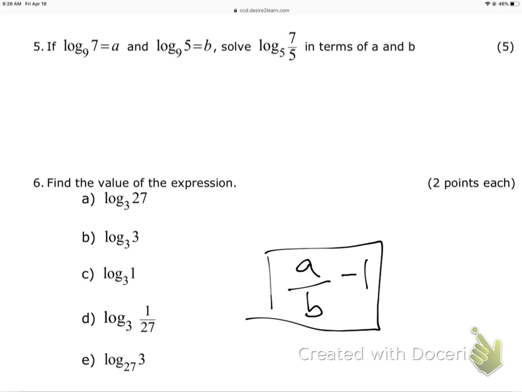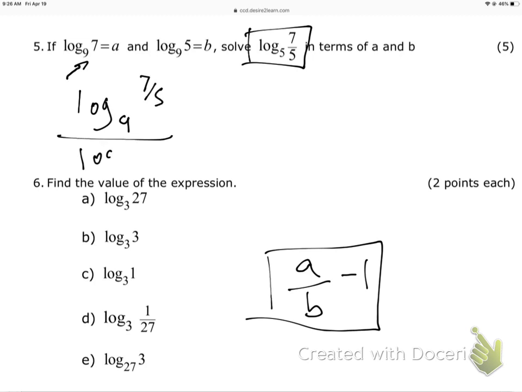Here's the other way. I'm going to change this, using the change of base rule right now, into log base 9. So in other words, log to base 9 of the 7/5 over log base 9 of the 5. Remember that from the change of base rule? Make sure you know it, look it up. So we now have log base 9.